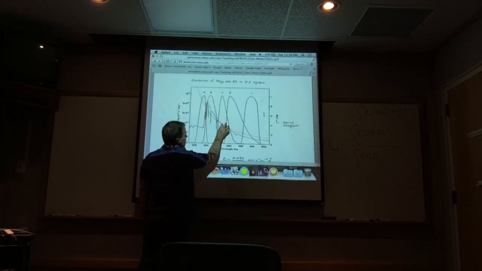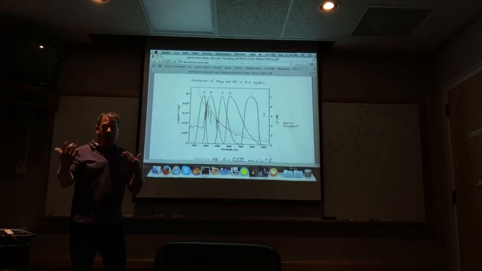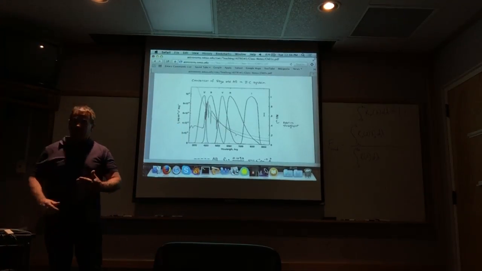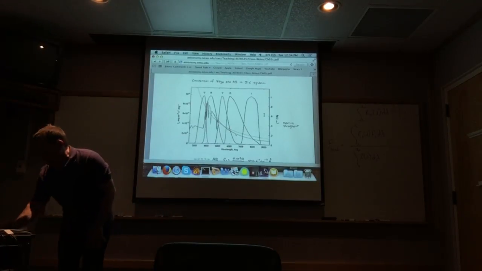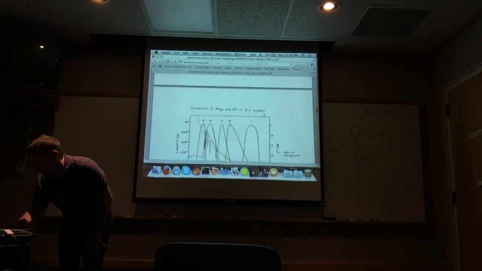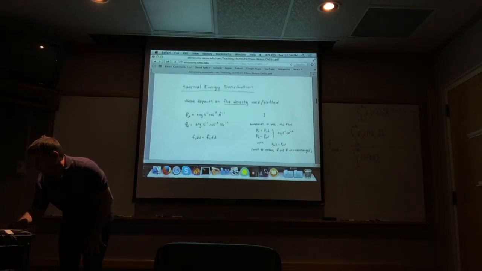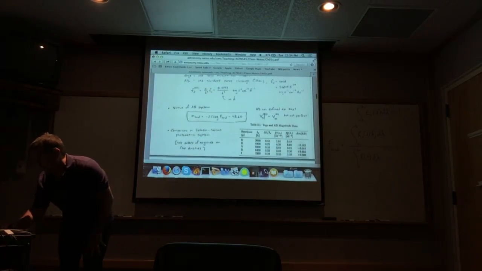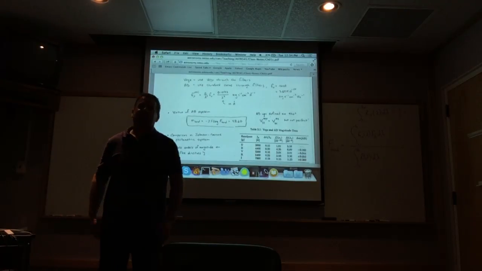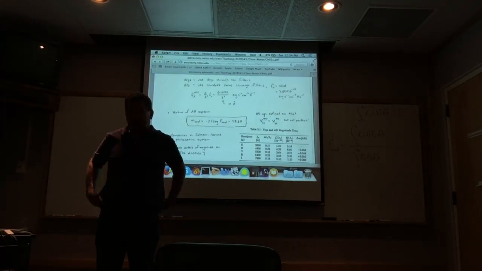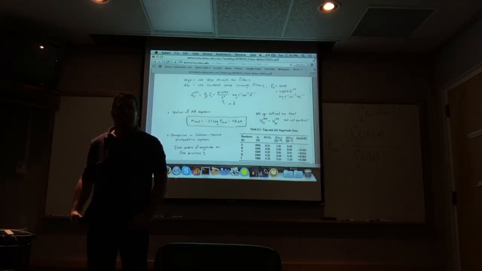So those areas are the same, and you get the same number. And that, ladies and gentlemen, is where 3.63 times 10 to the minus 20 ergs per second per centimeter squared per hertz came from. And you heard it here first, even before you heard it from John. But you will hear it from John again.